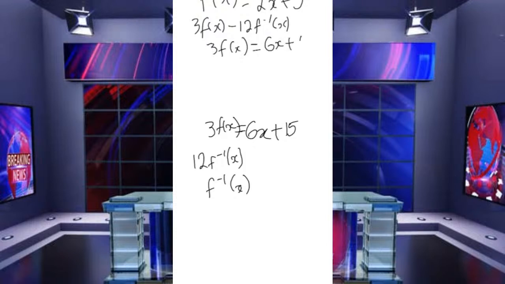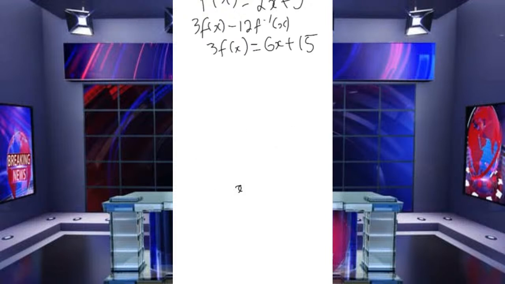That is 3f of x. We now go ahead to get 12f inverse of x. But I said before we can do that, we need to know what f inverse of x is. So to know what f inverse of x is, you have a function f of x equals 2x plus 5. All we need to do is to make x the subject of the formula.